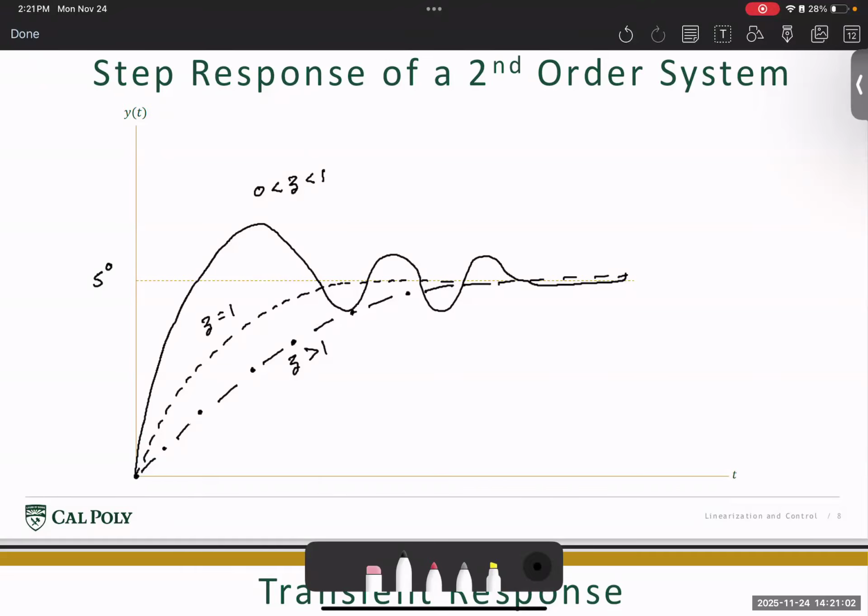For a fighter jet, you want the aircraft to settle into its final state much faster, but you are okay to allow the aircraft to have some oscillation. Say you want to pitch 5 degrees, then a desired response for a fighter jet, where y of t is the pitch angle and t is the time, is that you are okay for it to overshoot 5, but then settle at 5 much faster.